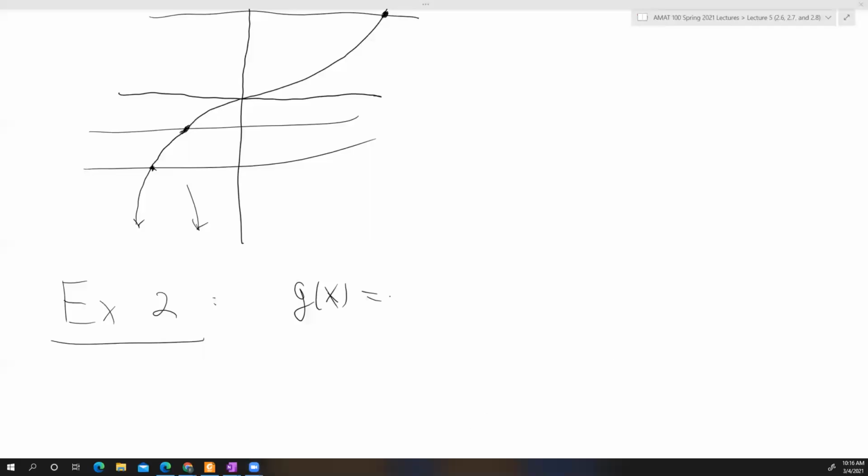Okay, so let's get back into this example. The example is g of x equals x squared, and we're thinking about g as a function from R to R, the real numbers to the real numbers.